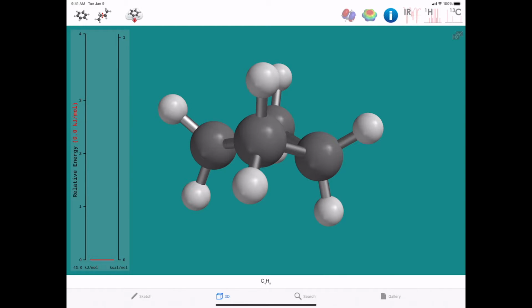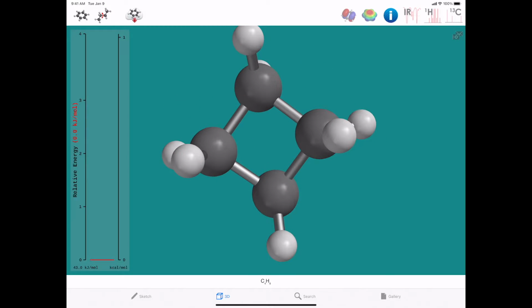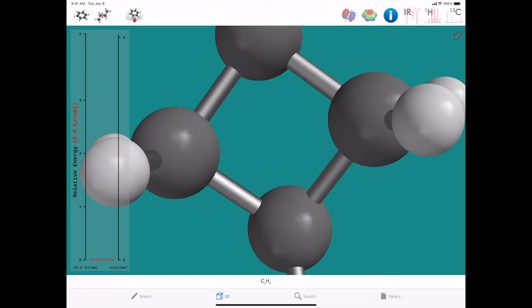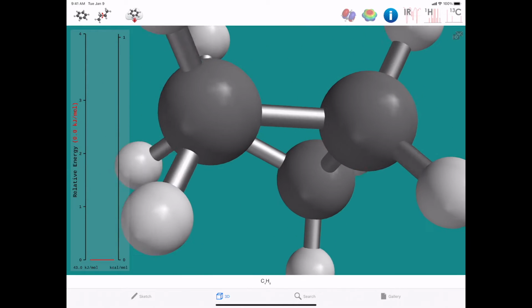You've got the two carbons in the middle here and here, lifted up out of the plane of these two carbons. That relieves some of the angle strain. We could calculate this bond angle, but you can see it's greater than 90 degrees, so it's not as strained.